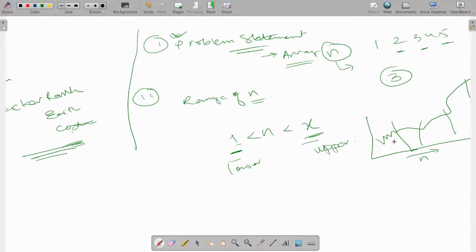That is why this range is important. So competitive programming websites or any problems will be supplied with a range of the input values, also the size of the input values, and this is what we have to look at carefully.